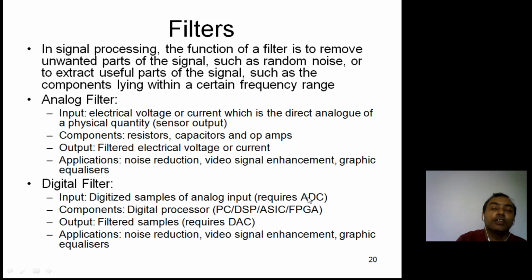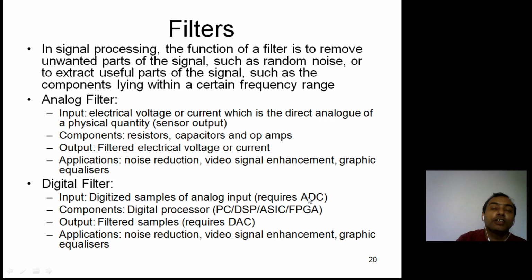Now classification of filters. I already said in the previous slide, like analog and digital. So first we are going to see digital filters, after that we will see analog filters and other filters. Digital filters are IIR and FIR, like I said in today's starting topic, DFT, FFT, and IIR and FIR digital filters.